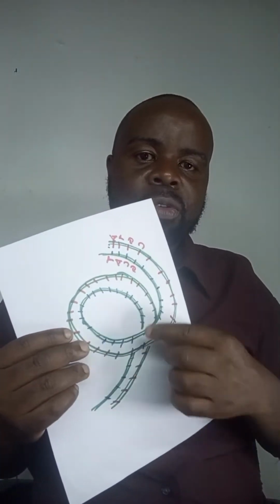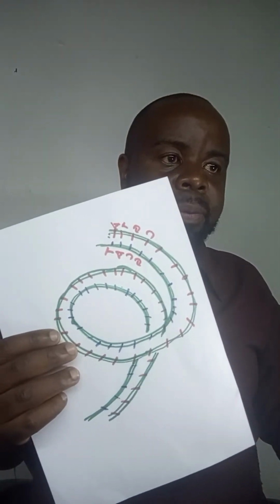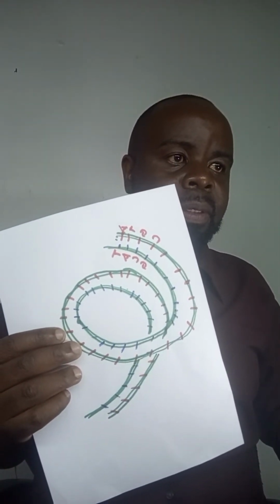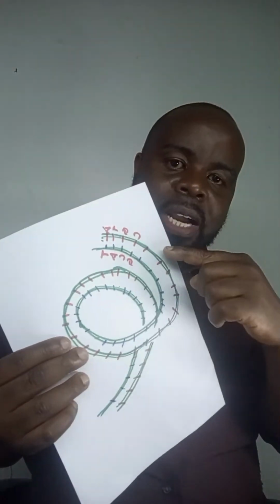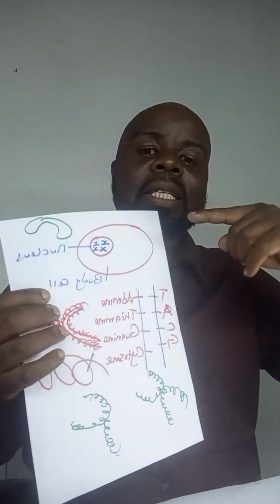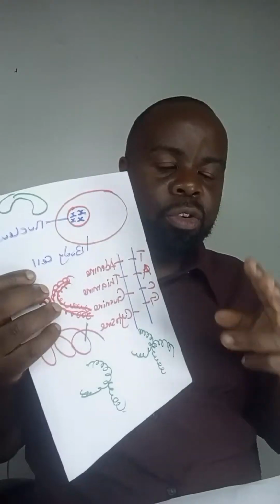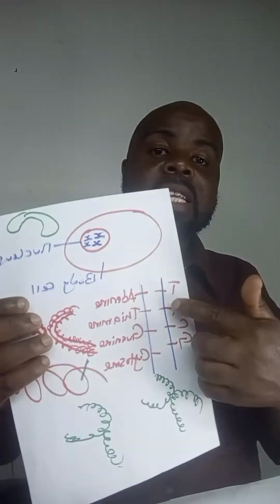So this is what we talk about. You understand now how your DNA strand goes. So this is your DNA. If you cut here, you'll get your DNA. But if you go to the cell, a DNA is the strand that makes the chromosome with the two strands that I explained.